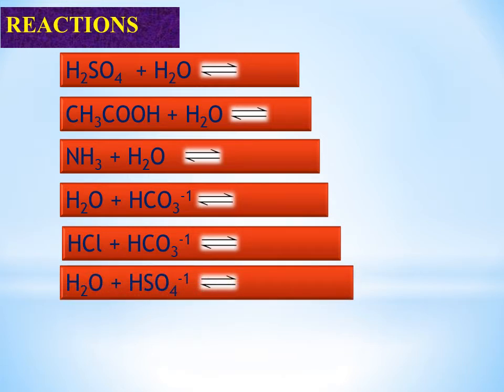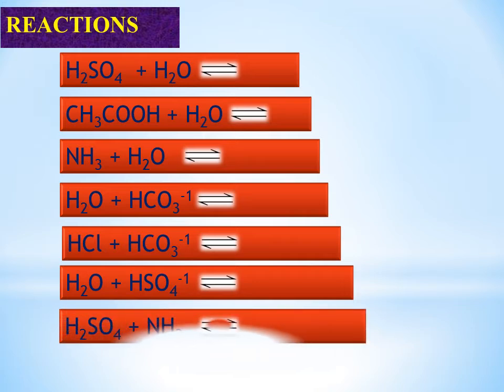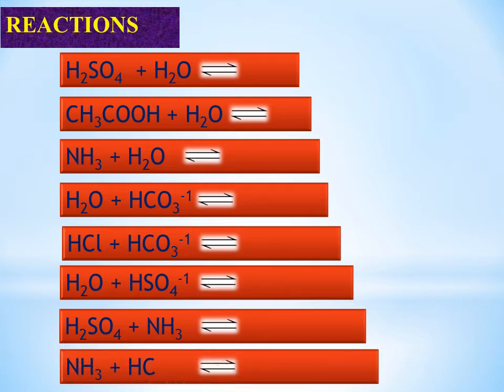The ninth is the reaction of water and hydrogen sulfate ion. And the last one is the reaction of sulfuric acid and ammonia. Last one is ammonia and hydrogen carbide. So these are some of the reactions, and now we will discuss their conjugate acids and bases one by one. Okay, so now let's come to their answer.